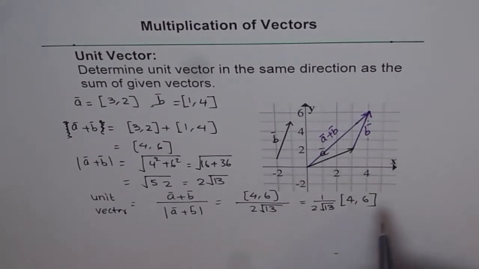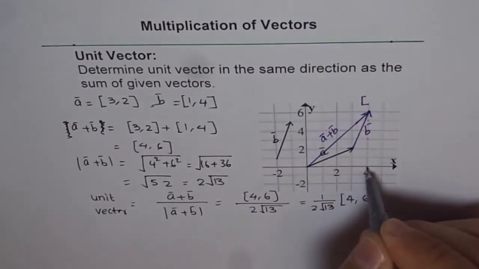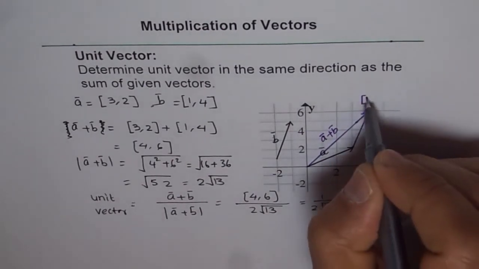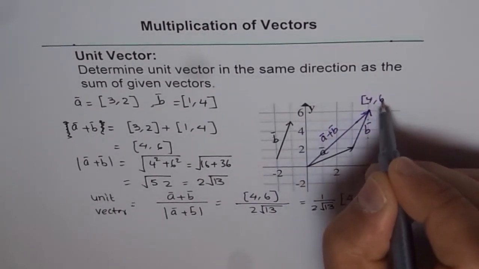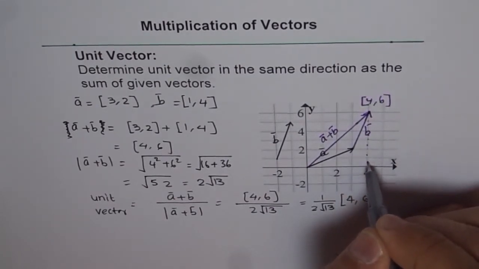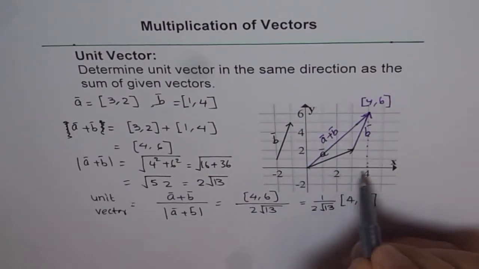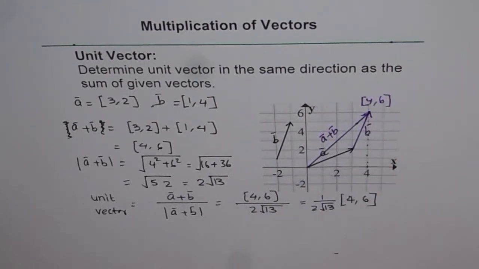And now from the graph you can read the value. This vector A plus B is 4 units for x and 6 units for y, right? And you can use the Pythagorean theorem: the magnitude should be the square root of 4 squared plus 6 squared.